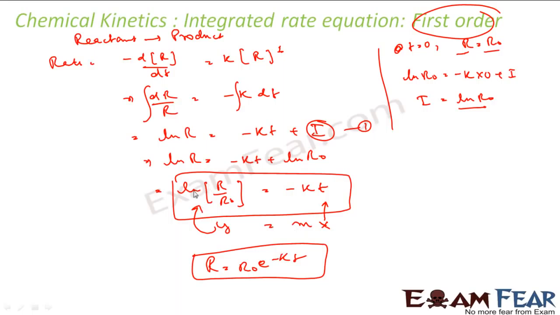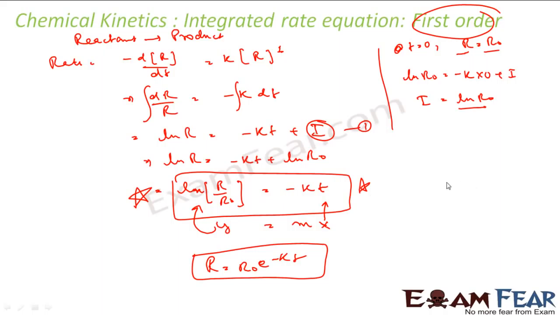Correct? This is ln. If you want to make it log, you can do that also. So this is the most common form of the equation. This ln you can make it 2.303 log. This becomes 2.303 log R by R naught is equal to minus kt. That is also one form of the equation. You can use any of these.